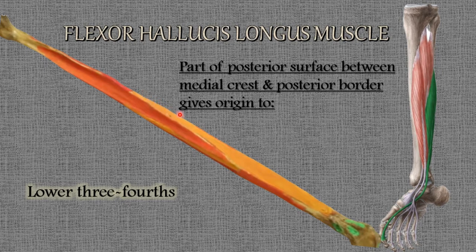Now the lower 3/4, the rest of the posterior surface which lies between the medial crest and posterior border, gives origin to the flexor hallucis longus. As you can see, highlighted in green is the flexor hallucis longus. It comes behind the leg, passes under the foot and attaches to the great toe. So contraction of this muscle definitely flexes the great toe.